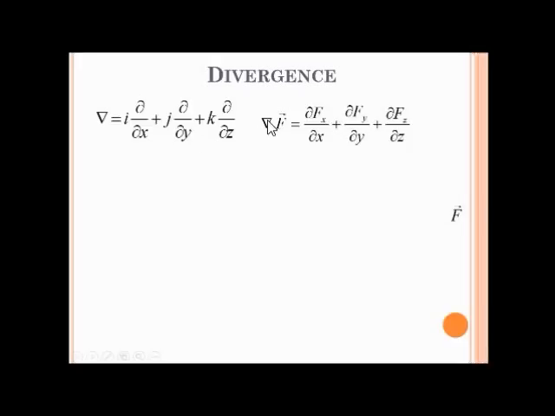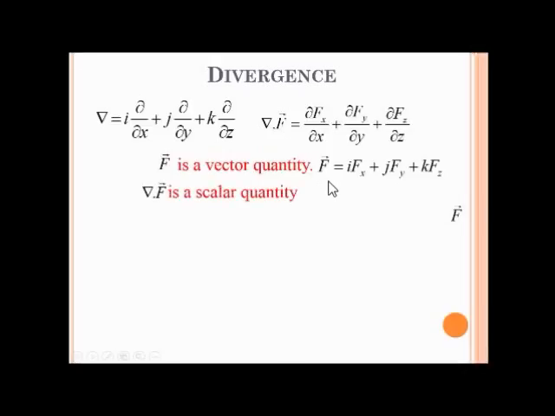Now this del operator dotted with f will give dou fx by dou x plus dou fy by dou y plus dou fz by dou z. In this part we are taking f as a vector quantity, so we get f as fx i cap, fy j cap and fz k cap.